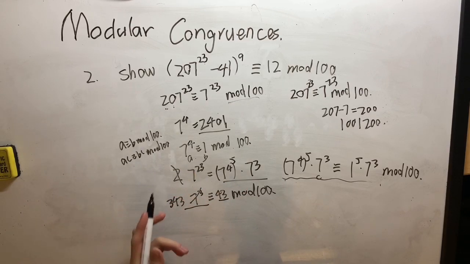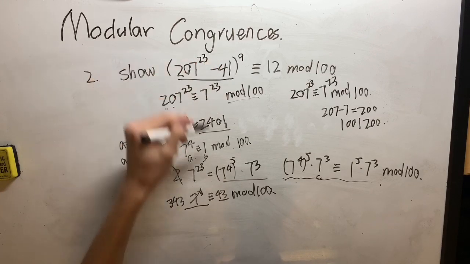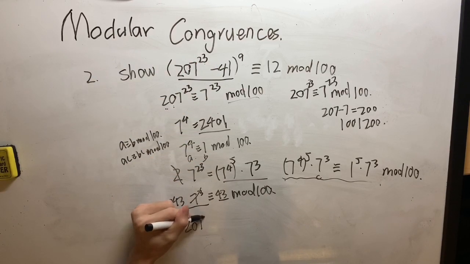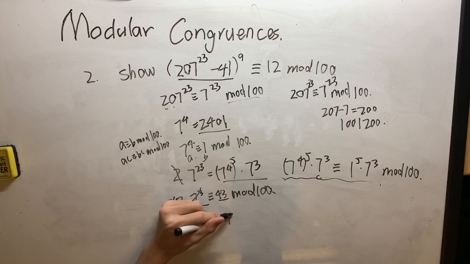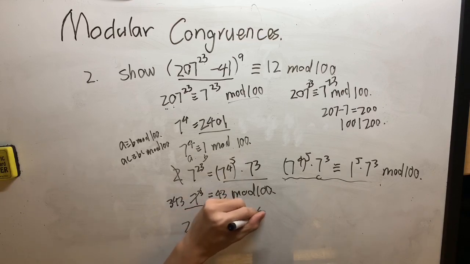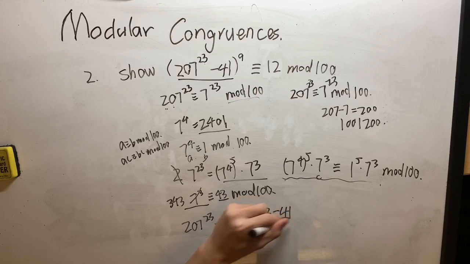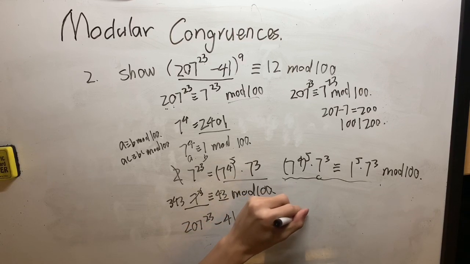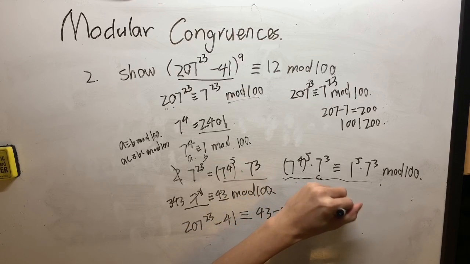Now, let's look at this whole thing: 207 to the 23 minus 41. This is congruent to 43 minus 41, which is congruent to 2 mod 100.